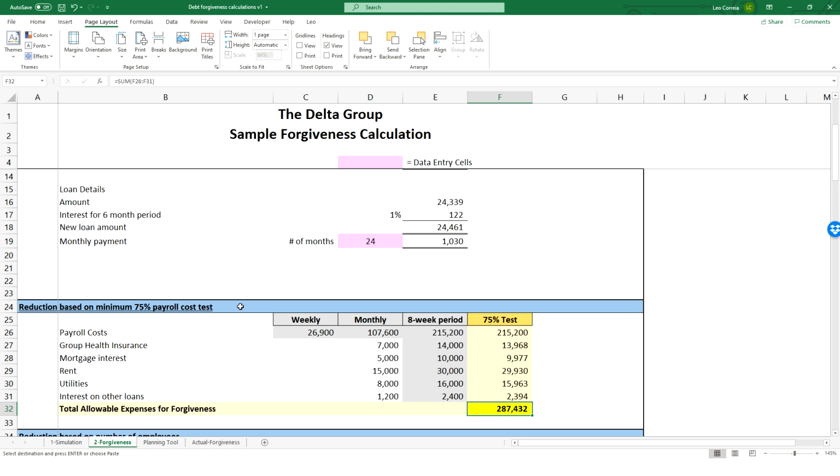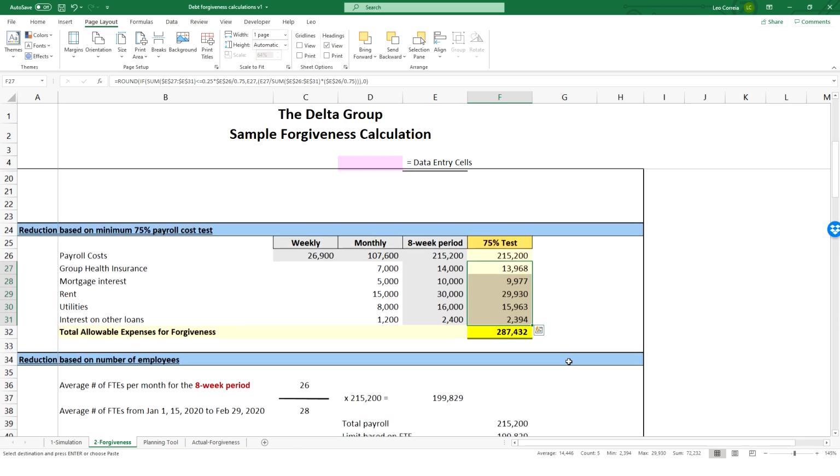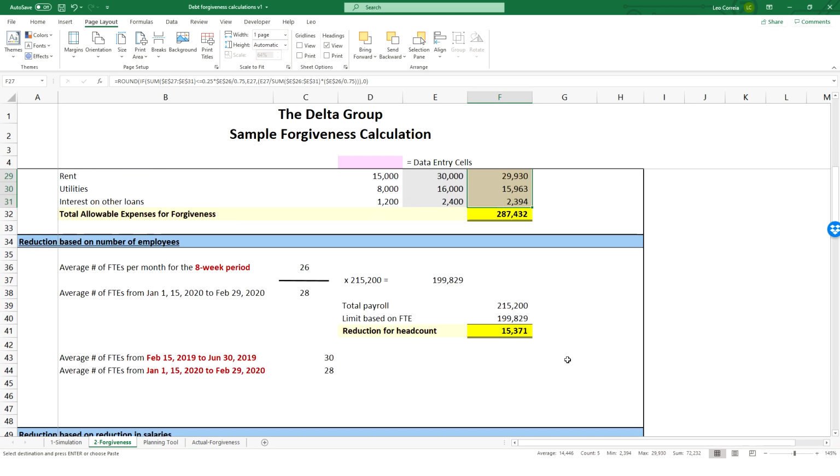So since this is the mandatory most I can allocate or be forgiven under the 75% test, these additional expenses were all prorated down to arrive at the $287,000. So now looking at the reduction based on the number of employees, I had 26 employees during the 8-week period. I have 28 at a prior test, and again, it's choosing the lower of the two numbers.